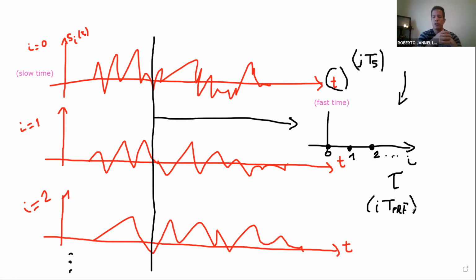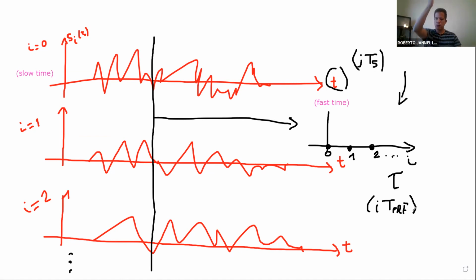What we're talking about now is whether we can infer or relate how that signal, as a function of tau, is changing. We already established that if I analyze things in the fast time domain, the signal is continuously changing.